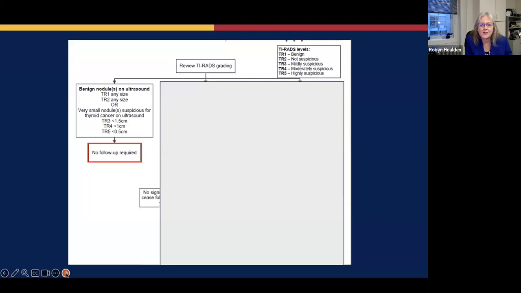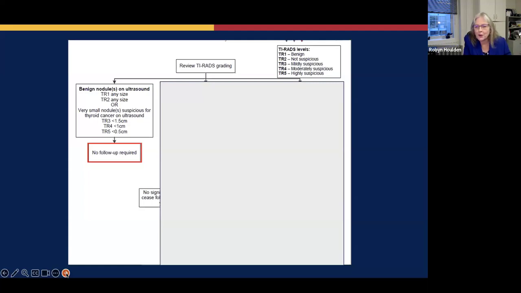So if the radiologist says it's TIRADS 1 or TIRADS 2, those guys don't need any follow-up. The odds of them ending up being malignant at any point is just so small, there's no follow-up needed. And then for the other categories where there's a little higher risk of malignancy, if they're really, really small, the odds of those ever enlarging and causing problems is considered to be so low. Then in the TIRADS reporting system, they say no follow-up needed.